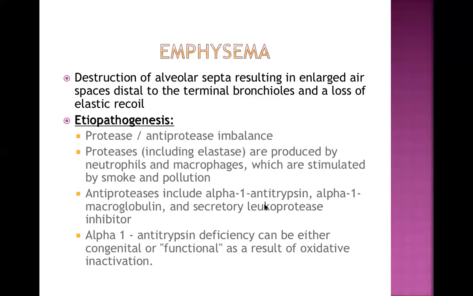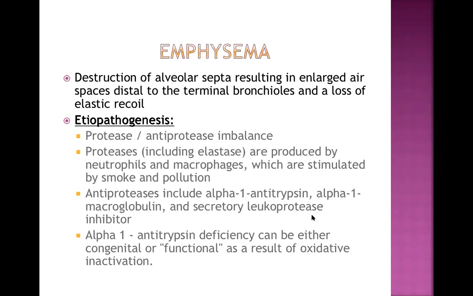Antiproteases include alpha-1 antitrypsin, alpha-1 macroglobulin, and secretory leukoprotease inhibitor. But among them, the most important one is alpha-1 antitrypsin. That's why if there is alpha-1 antitrypsin deficiency inside the body or in the lung, only protease will be more, and this is one of the causes of emphysema.